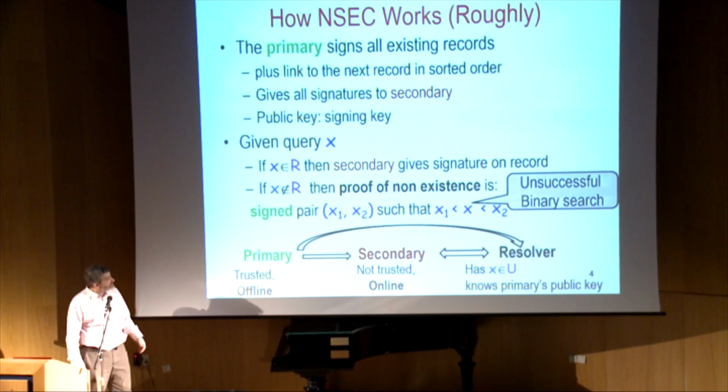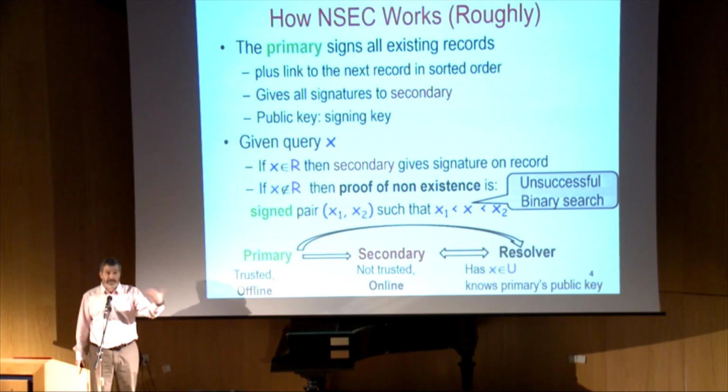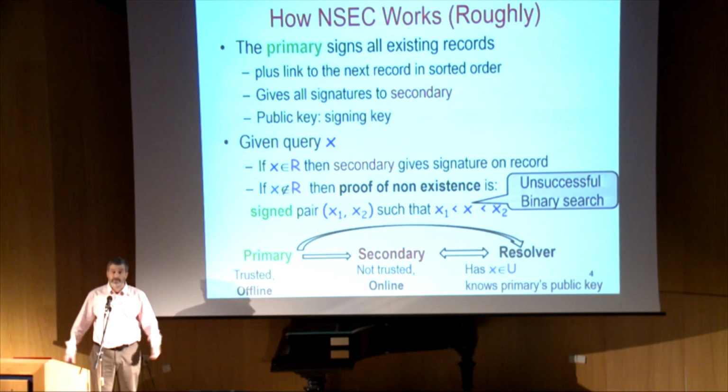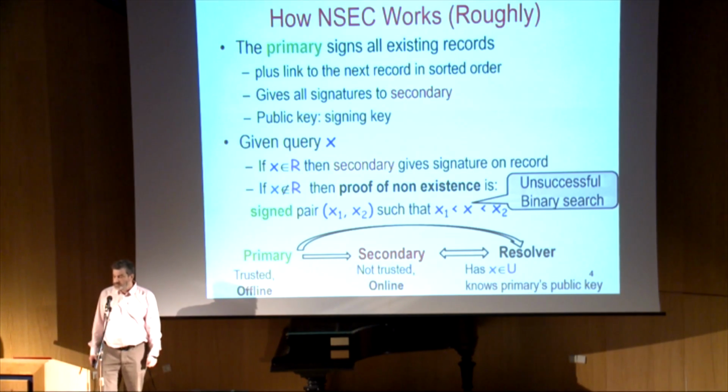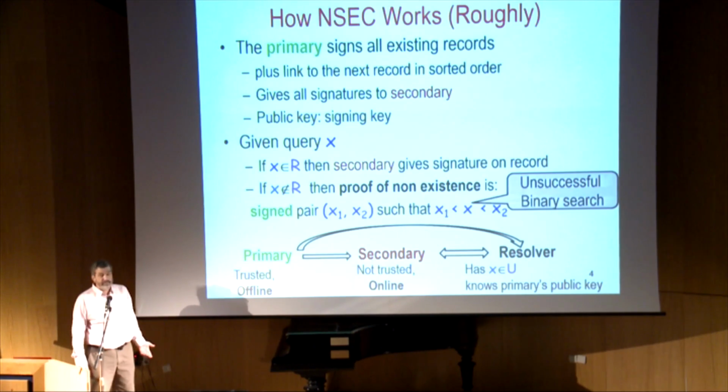You can think of it as the result of an unsuccessful binary search. You show that had you done a binary search on the set, you would have arrived at the conclusion that X is between X1 and X2, and therefore not in the set. And because X1, X2 are signed, you know that it's correct. So in terms of correctness, there isn't any problem.